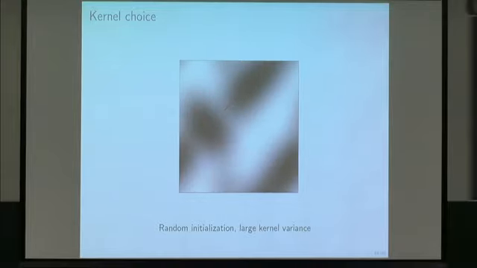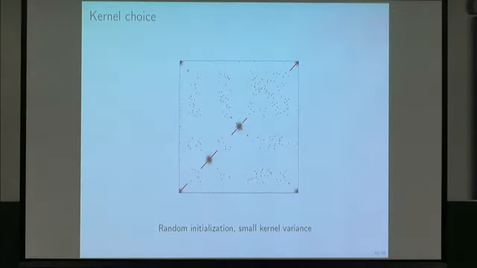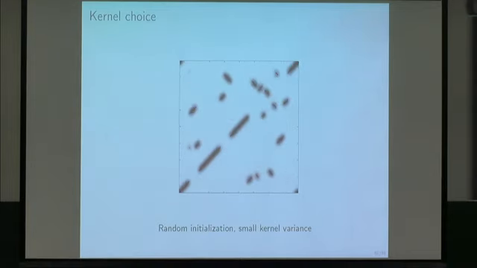You can see with the large kernel, it converges to a good correspondence. If we take a small kernel with a small variance, starting with random initialization, it will converge to something like this. It will be trapped in a local minimum and unable to go out of it. So what we are doing in practice is a few iterations with a large kernel, and then we gradually anneal the kernel variance by reducing it over time.